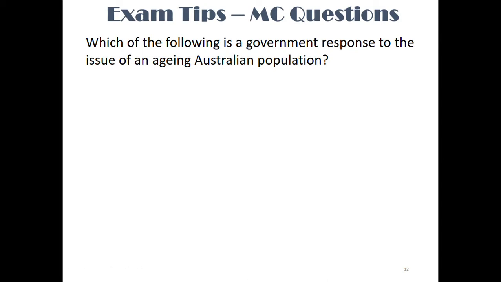Having a look at this question, which of the following is a government response to the issue of the ageing population? Now remember that the ageing population is lifelong protective behaviours and a government response to it. So is it increasing funding for acute care hospitals? What they're saying there is, do we increase the funding for emergency departments?